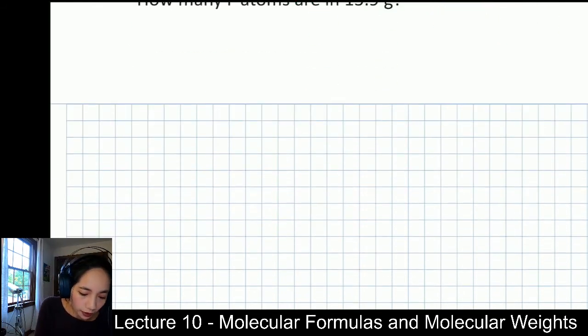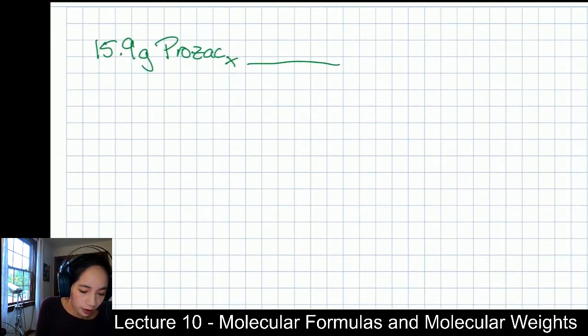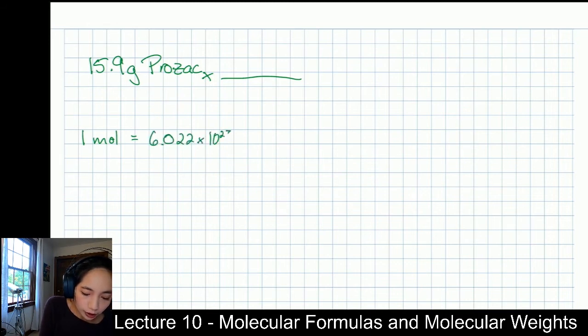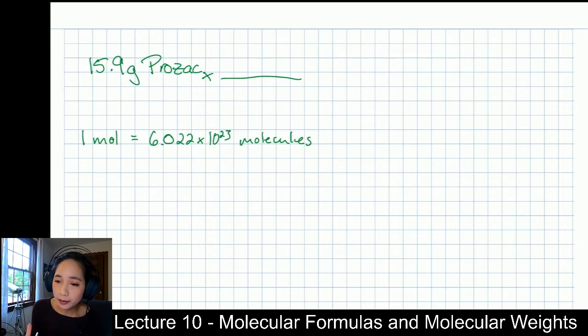So if I start with 15.9 grams of Prozac, maybe I'll just write those conversions in the corner here. So the conversions that I'll be using to get to molecules, well, the first one will be Avogadro's number. 1 mole of Prozac is equal to 6.022 times 10 to the 23 molecules. And I'll also be using the molar mass to get between grams and moles.